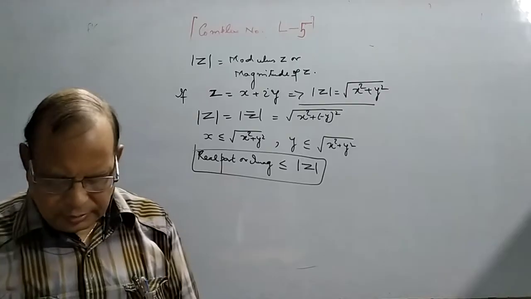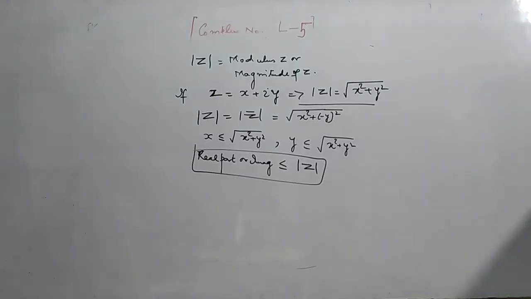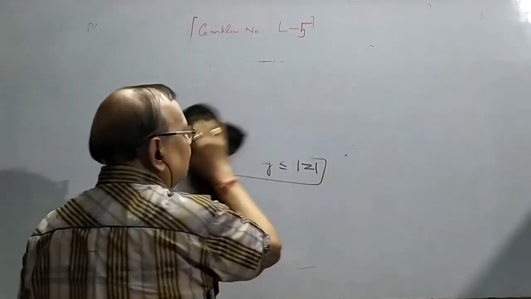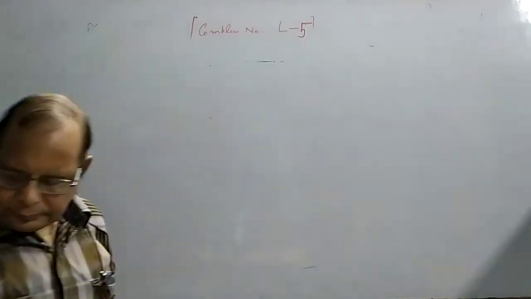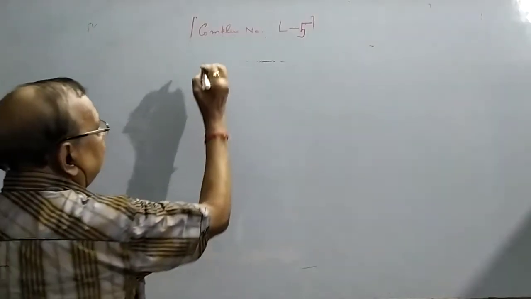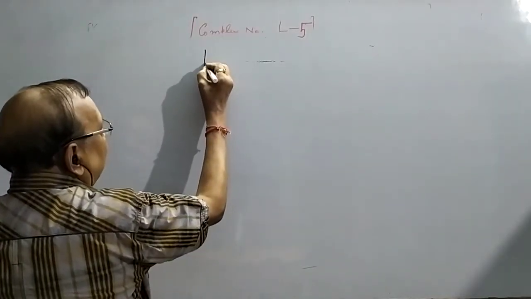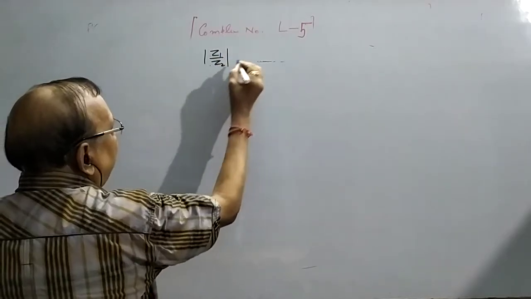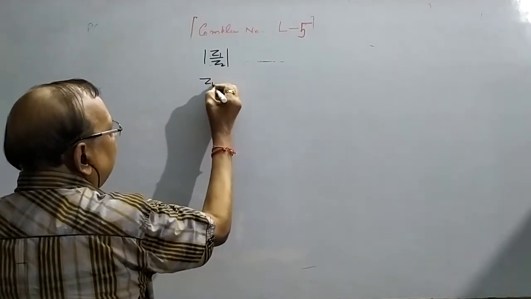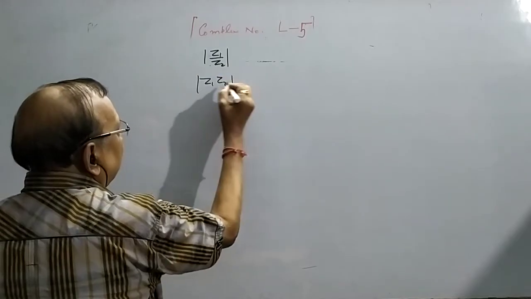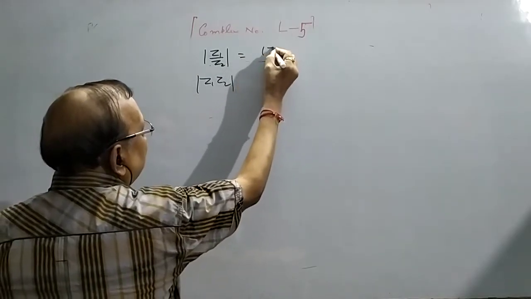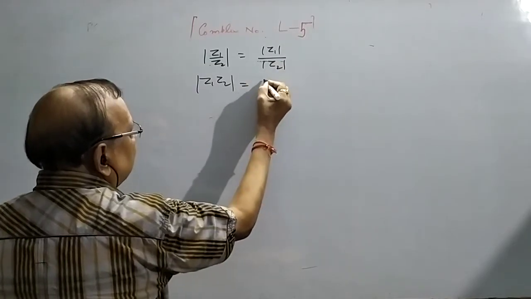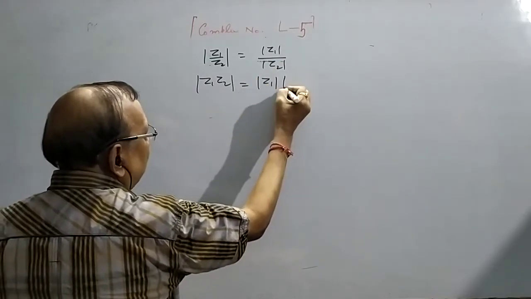Now, we have to observe properties on modulus. Remember that. Mod of Z1 upon Z2 and mod of Z1 into Z2 is equal to mod Z1 upon mod of Z2, and mod of Z1 into mod of Z2.